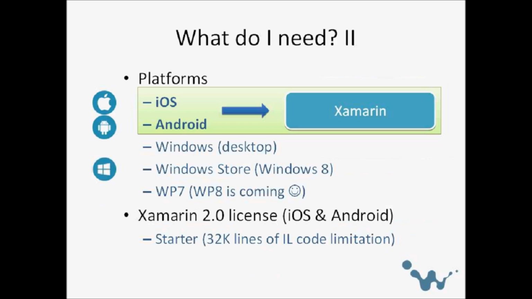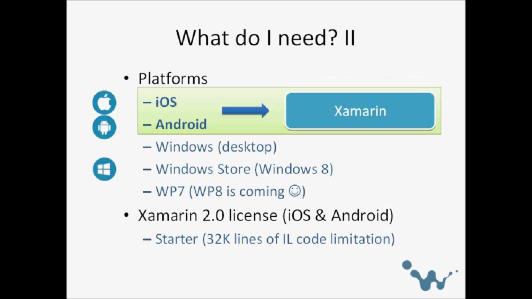In the case of iOS or Android, you need a Xamarin license, because currently WaveEngine is built on top of Mono for those platforms. Mono is a free implementation of .NET which allows us to port Wave to those platforms. So Xamarin, from one month ago, offers one license.